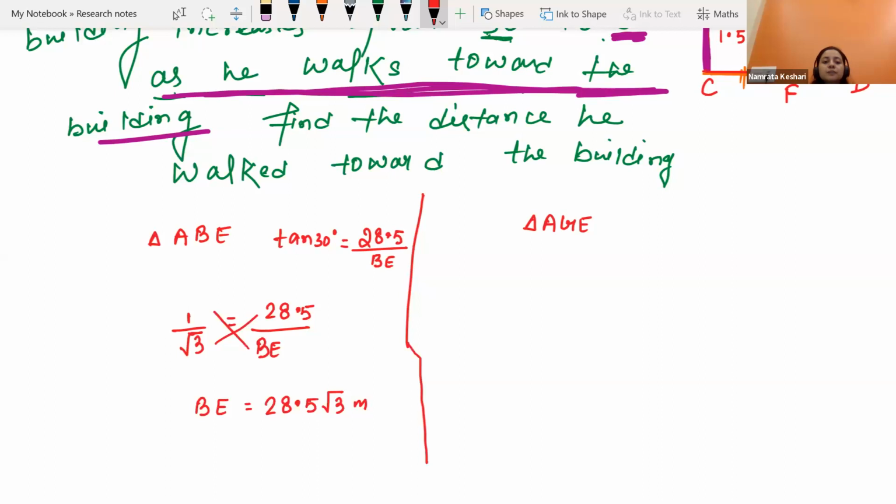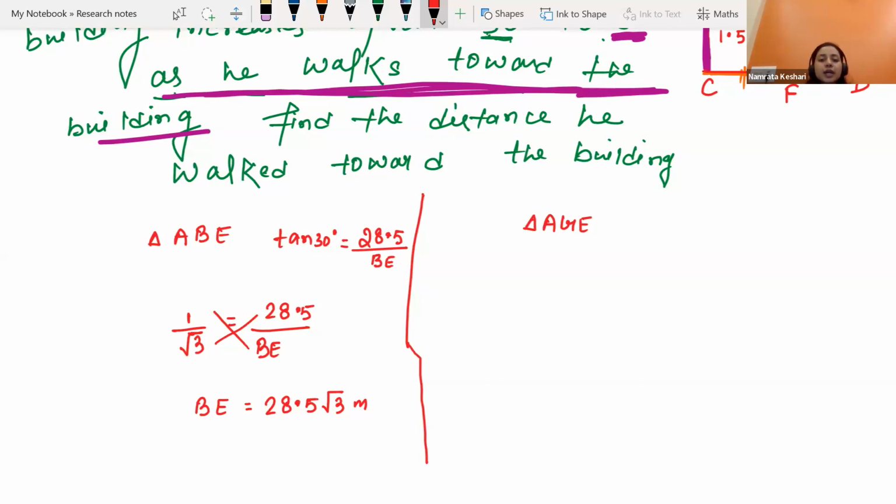For now, BE is in the denominator. We need to take it to the numerator's part, and that's why we are doing crisscross multiplication like this. We are pulling that BE to one side in the numerator, and root 3 is going to the other side. And this is what we are getting.